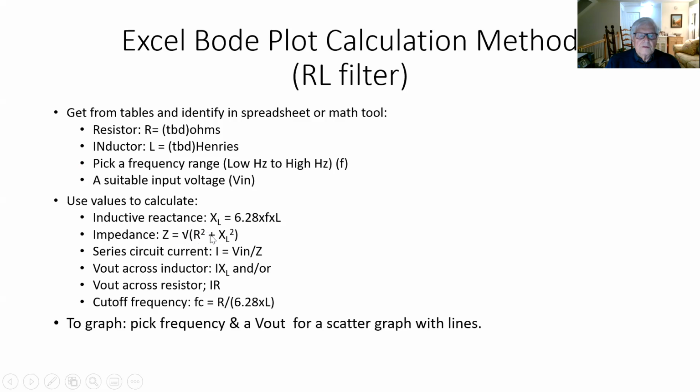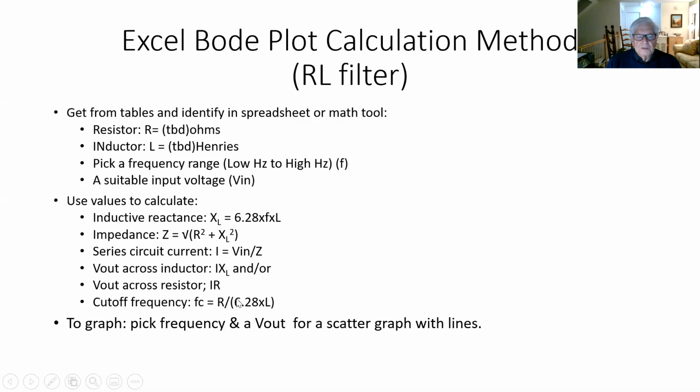The impedance then is still the square root of R squared plus the reactance squared. And the current then becomes the ratio of the voltage input divided by the impedance. And then we can calculate the voltage output across the inductor and across the resistor.